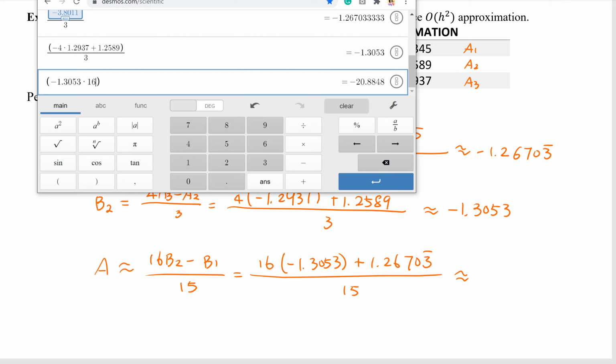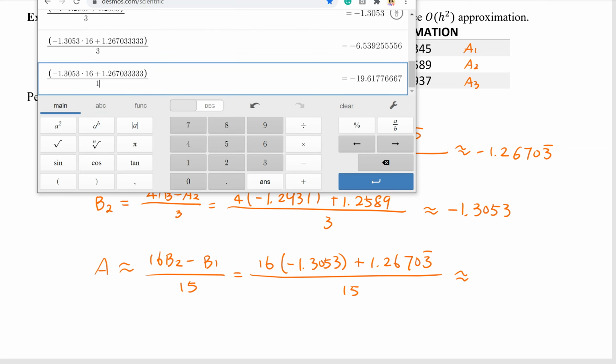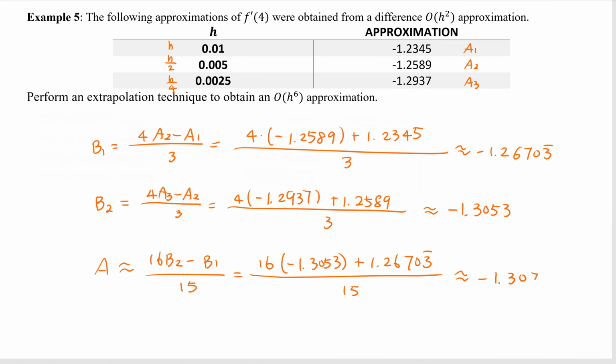And then minus, we can do plus this number, and all over 3. Oh, sorry. It's not over 3, it's over 15. Okay. Because all those answers should be close to each other, because they're all approximations, right? So our answer is negative 1.30785.